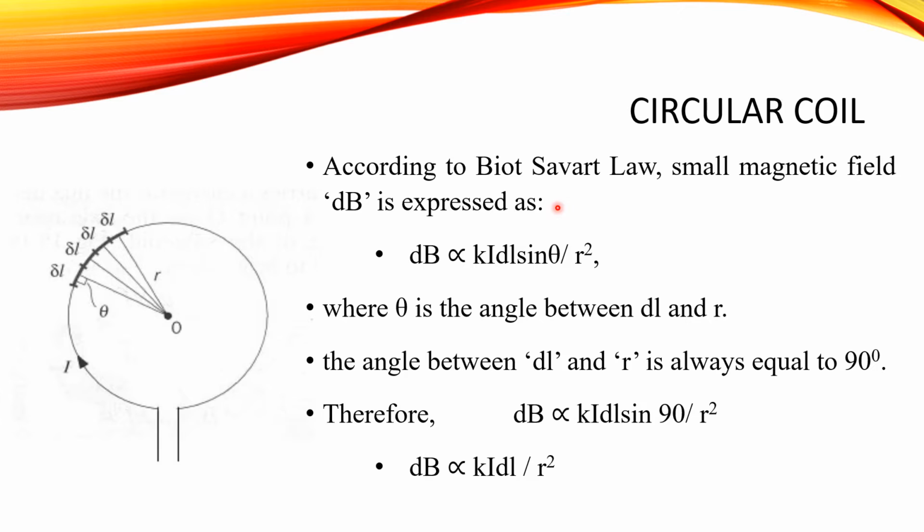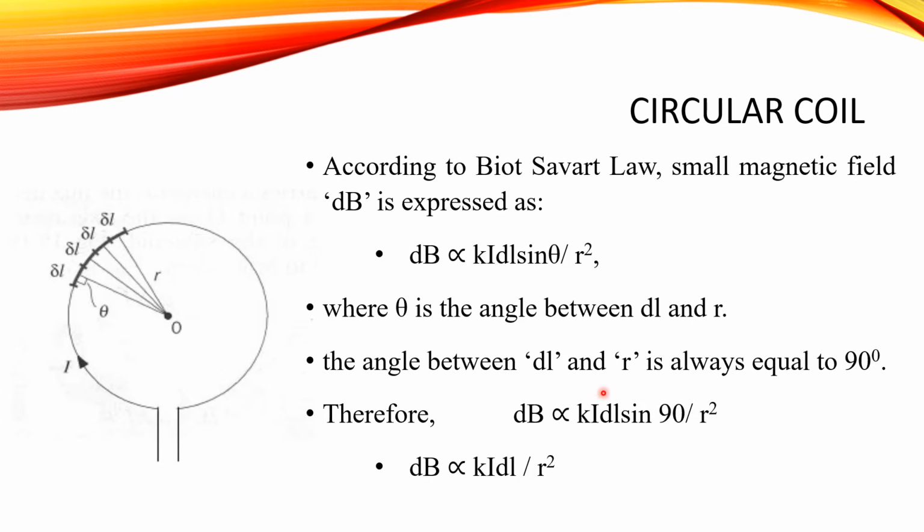Then according to the Biot-Savart law, the small magnetic field dB is directly proportional to K I dl sin theta upon r square, where theta is the angle between dl and r.